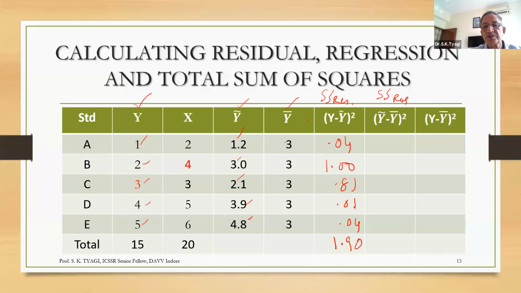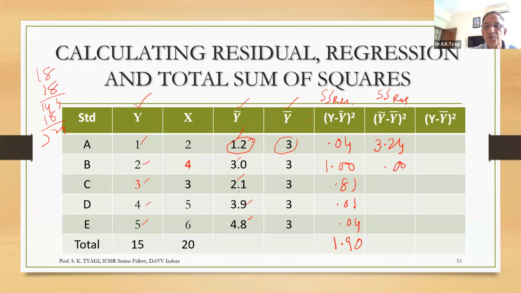Now y predicted is this and y mean is this, and we perform the subtraction. 3 minus 1.2 is 1.8. 1.8 multiplied by 1.8: 8 times 8 is 64, and so on, giving 3.24. So the square of 1.8 is 3.24. 3 minus 3 is 0, so 0.